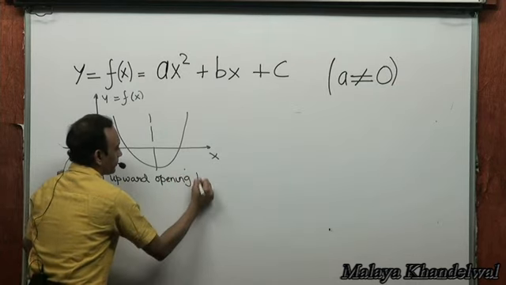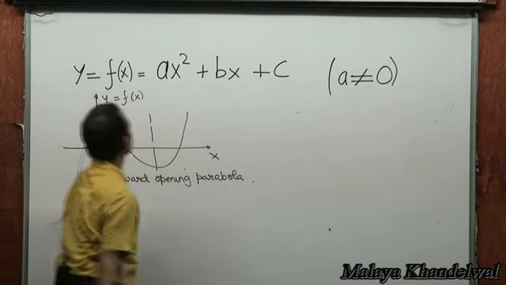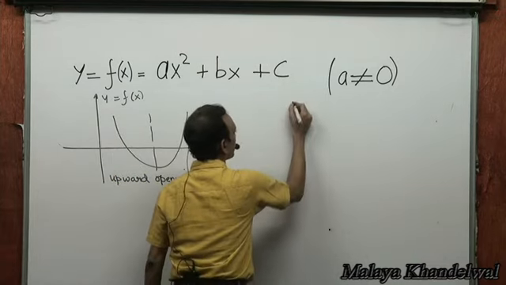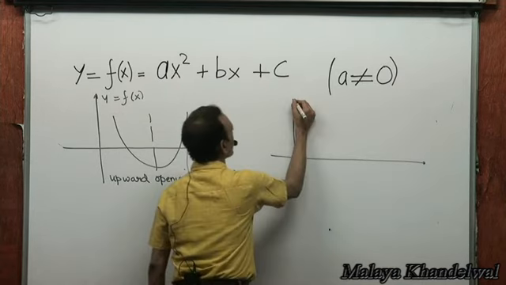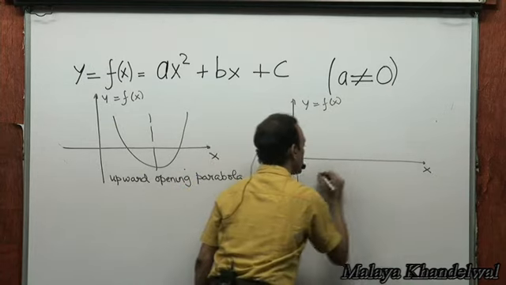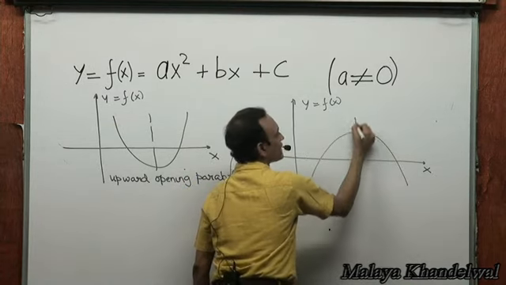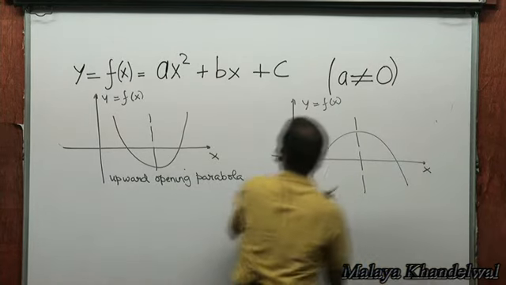Whereas y equal to f of x versus x could open this way. In both cases, the axis is parallel to the y-axis. But this is a downward opening parabola.